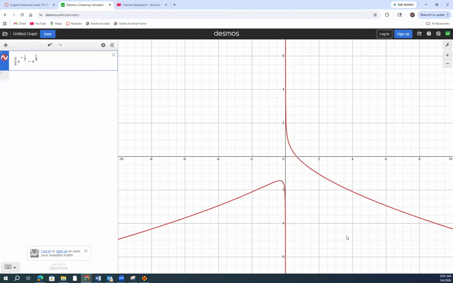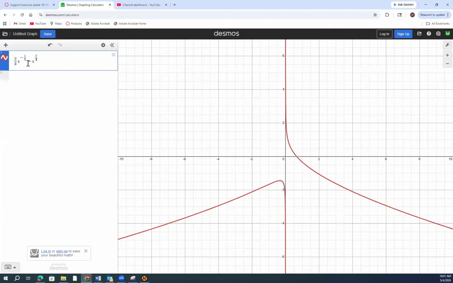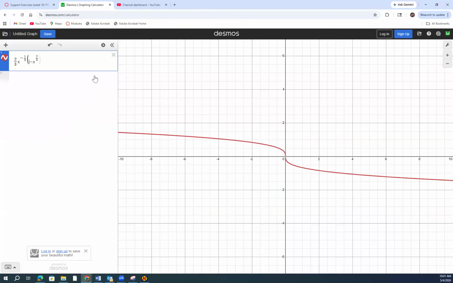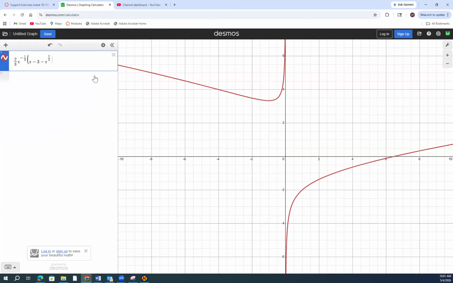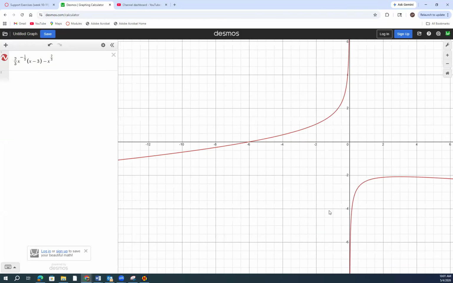Wait, did I do it right? Did I copy the function right? Oh, I missed the x minus 3, sorry. I missed x minus 3, no wonder. Okay, there we go.